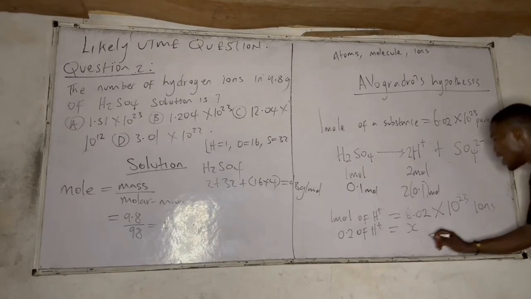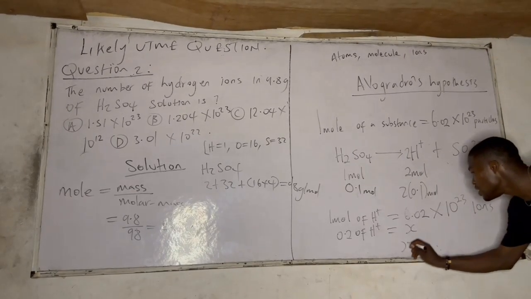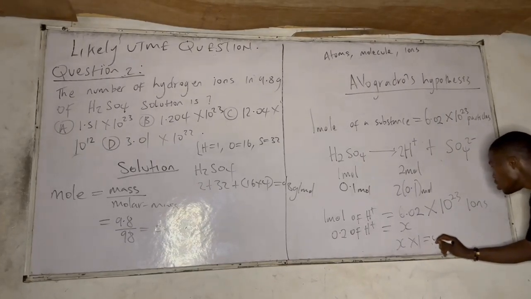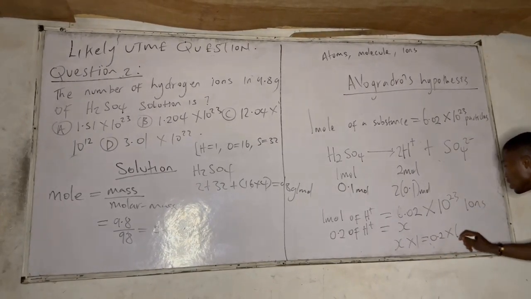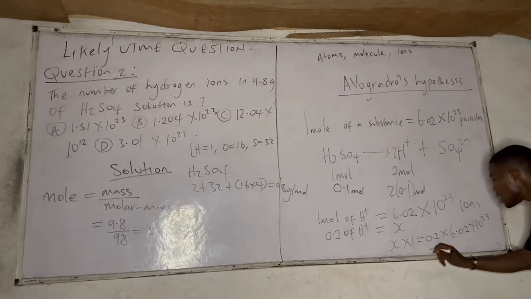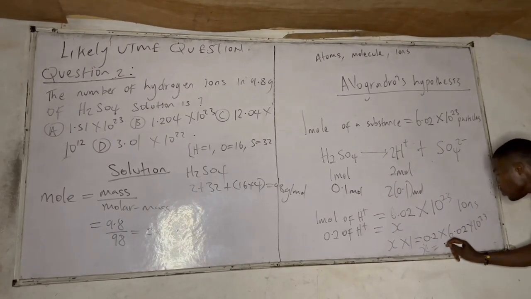So cross multiplying, X multiplied by 1 is equal to 0.2 times 6.02 times 10 raised to the power 23.